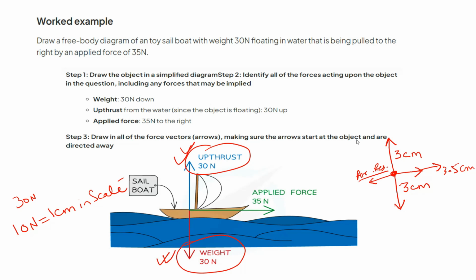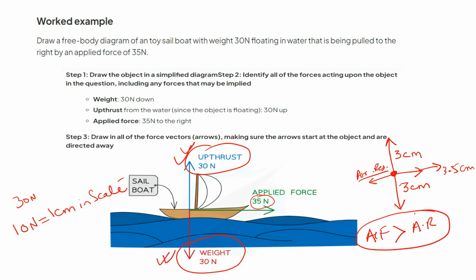But always remember, your air resistance will be less than 3.5 centimeter or 35 Newtons, because the boat is moving in the forward direction. It means your applied force was definitely greater than air resistance.